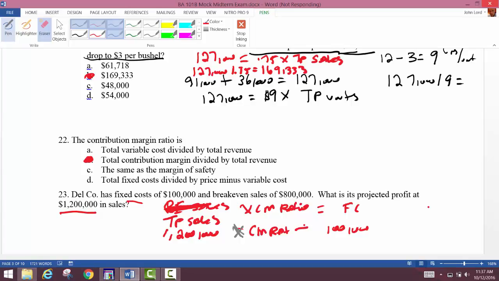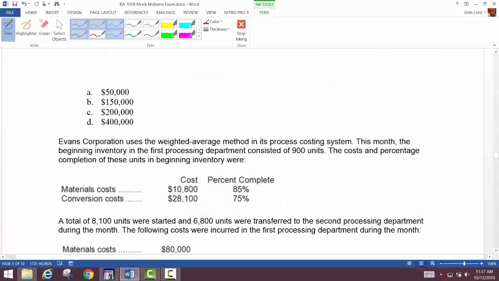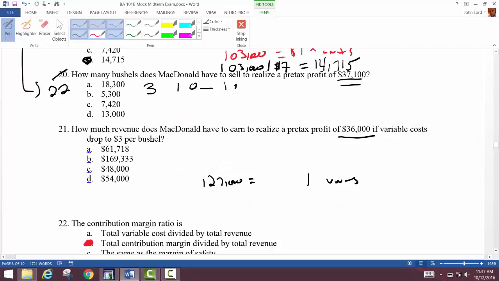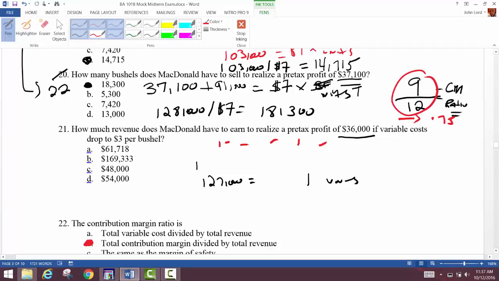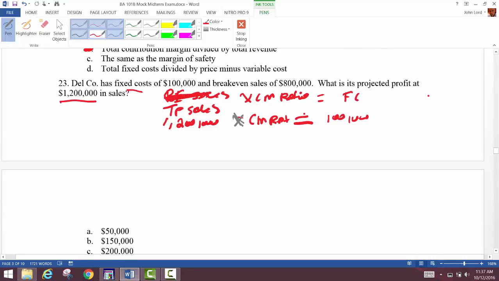Okay, so let's go ahead and see if I can set that one up then. Can I come up with the contribution margin ratio here? And what happens? They're telling me that my fixed costs are what? 100,000?